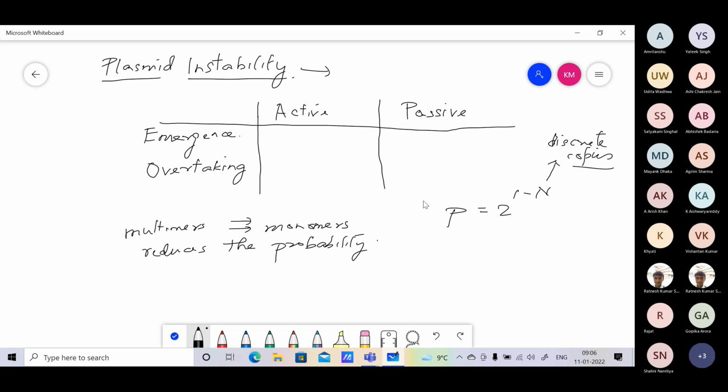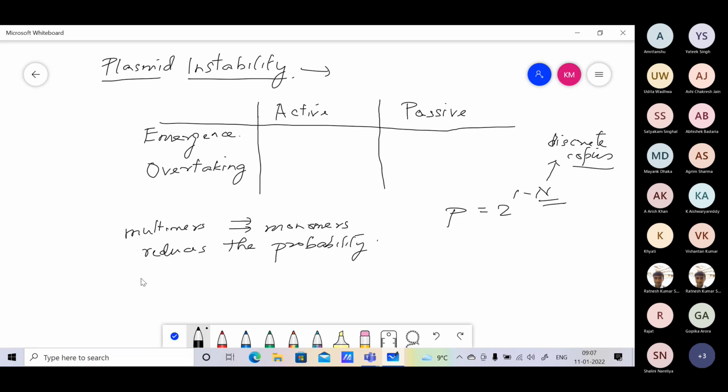And so what the cell allows is a certain number of origins. More origins, more number of plasmids. But these plasmids could be entangled in a multimer, in which case they will be inherited by one or the other of the daughter cells. So n being the discrete copy number, conversion of multimers to monomers would reduce P and hence reduce the probability.